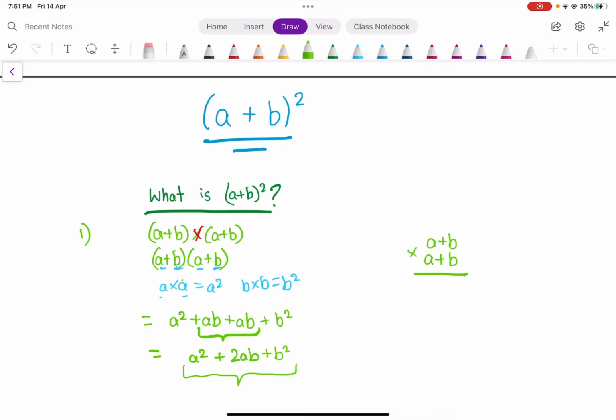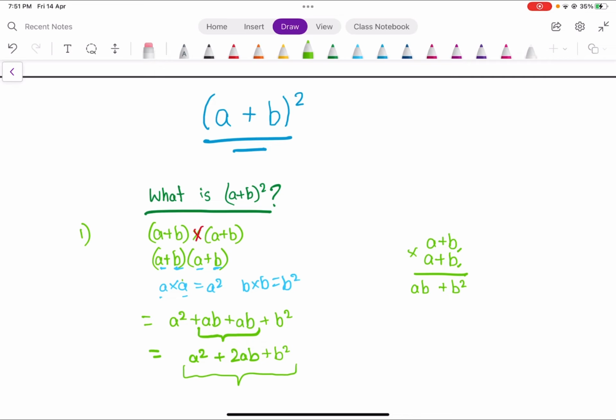So we've written it down. What is b times b? Well, that's b squared. What's b times a? Well, ab. So we're going to write down the signs in front of b squared. So b squared is positive, so we're going to write down our plus sign. Now moving on to a.